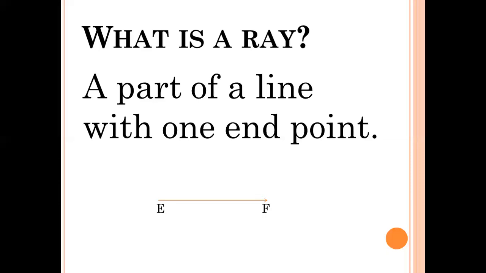But over here, in case of a ray, we can read it only as ray EF, not ray FE, because it has only one endpoint and the other point goes on, and this endpoint will be known as its basic element. So that's why it will be known as ray EF. We cannot write it as ray FE as in the case of the line segment and the line.